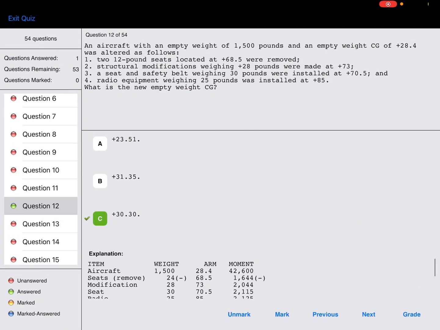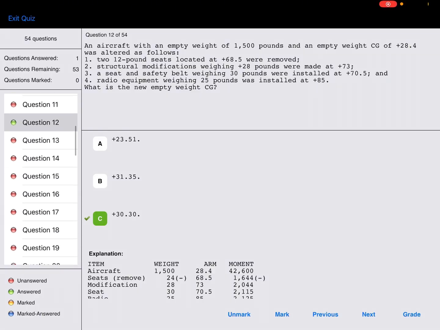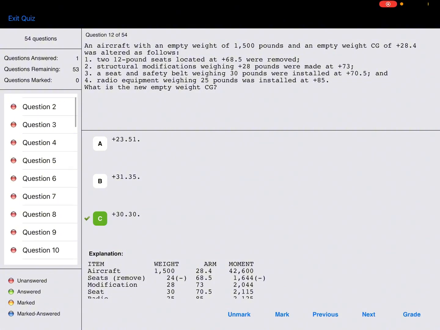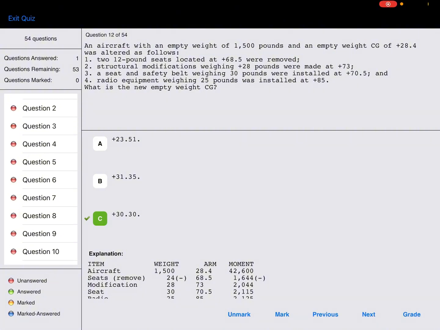So that is how you complete a very simple weight and balance question. And these can get a little more tricky when you answer them for your practical. They can become a little more tricky in ways that you need to know what is part of the empty weight, like unusable fuel and oil, and those can kind of trip people up when answering those questions.